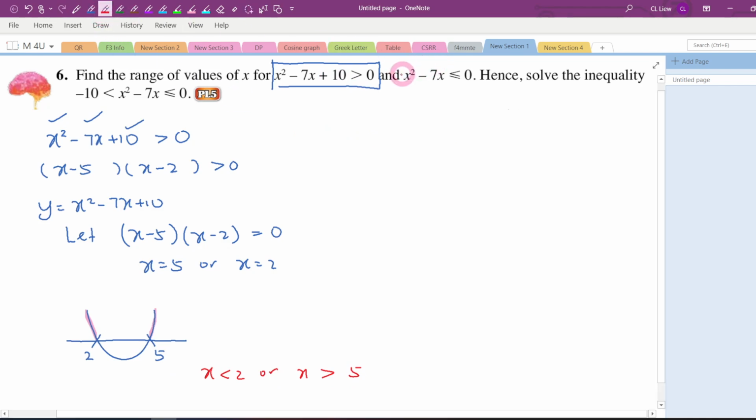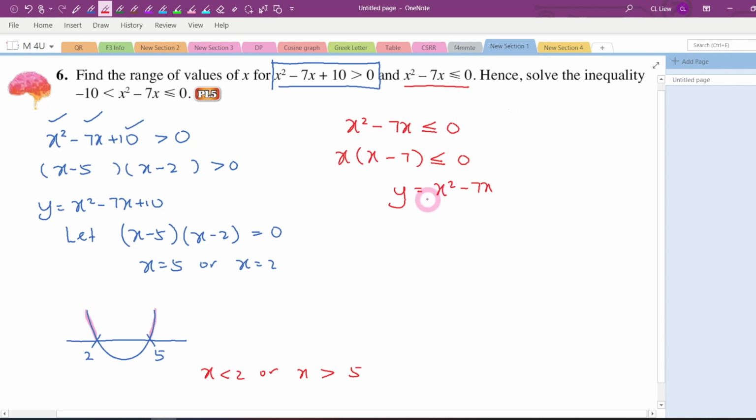Now let's solve this inequality. x squared minus 7x is less than or equal to 0. Same thing, do factorization. x times (x minus 7) is less than or equal to 0. So we want to sketch this graph, y is equal to x squared minus 7x, which is equal to this, right?